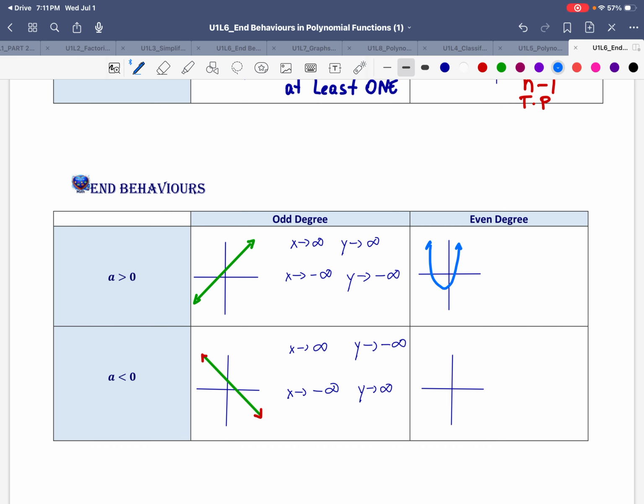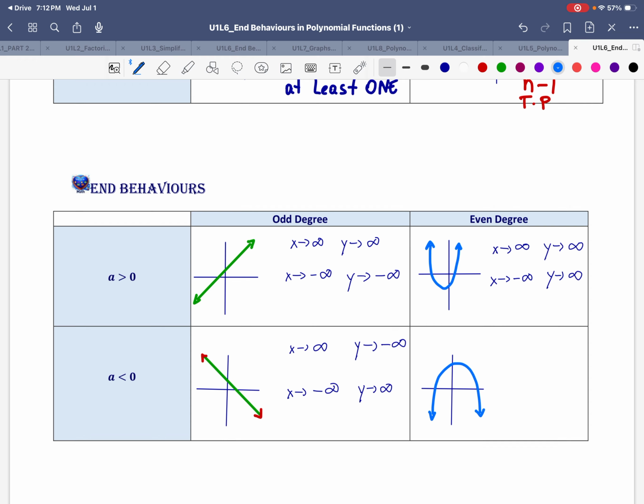So if a is positive, then we're going to say that as x approaches positive or negative infinity, the y values point up to infinity. So both ends will approach infinity if the coefficient a is positive. But if a is negative, then the graph will have an end behavior similar to a parabola that opens down.